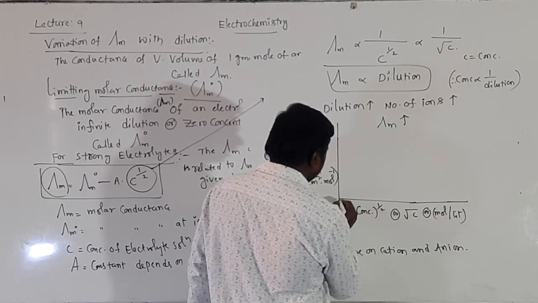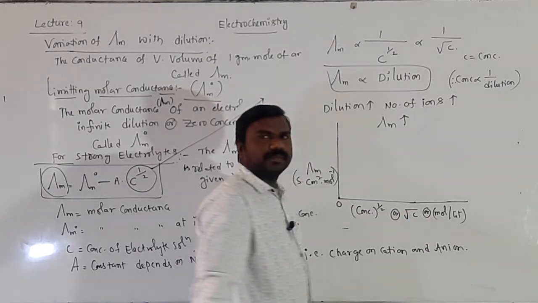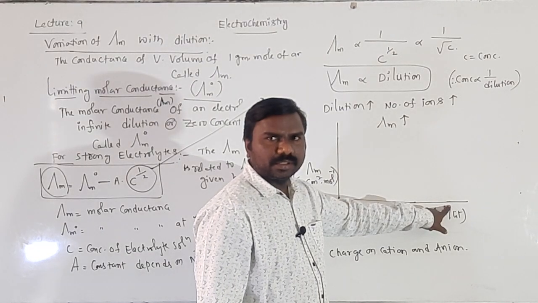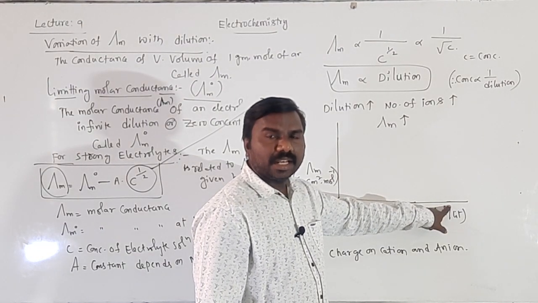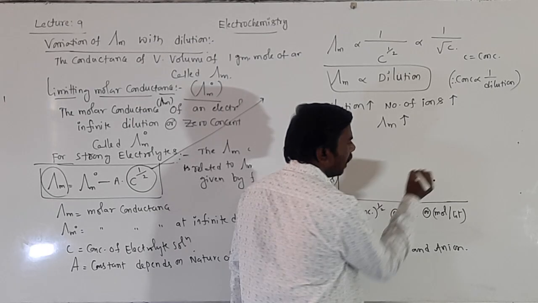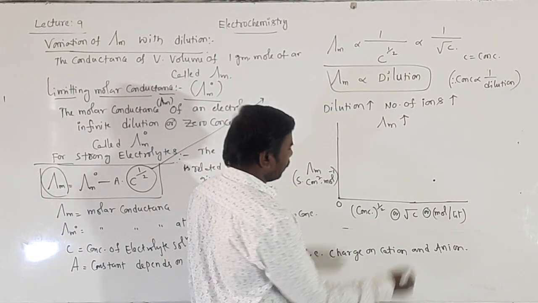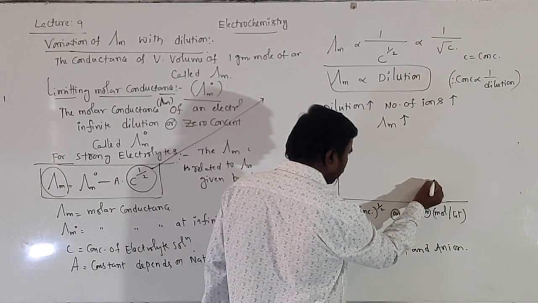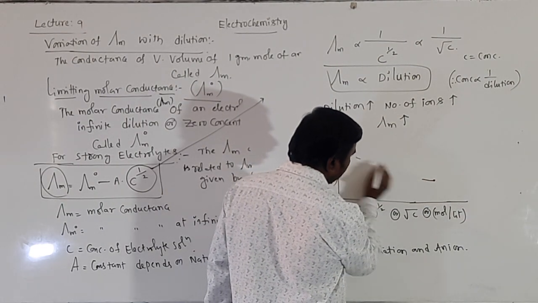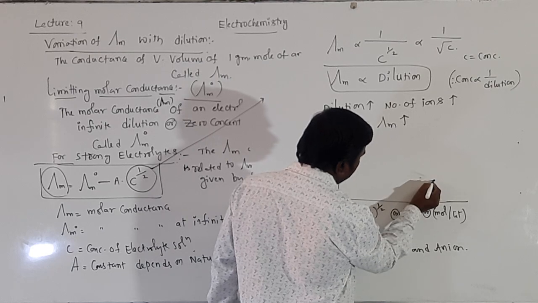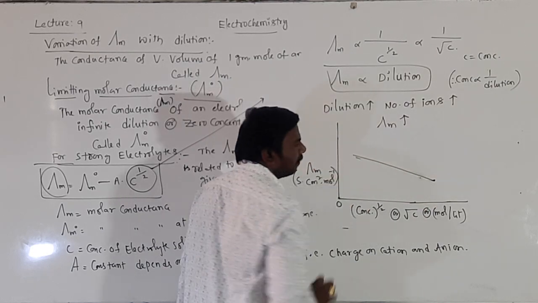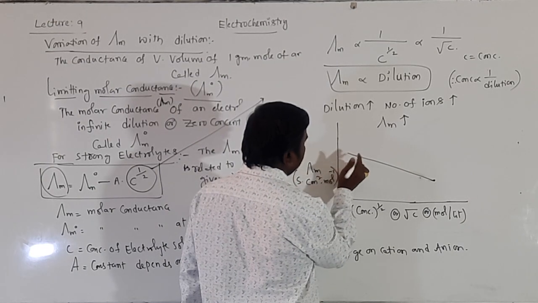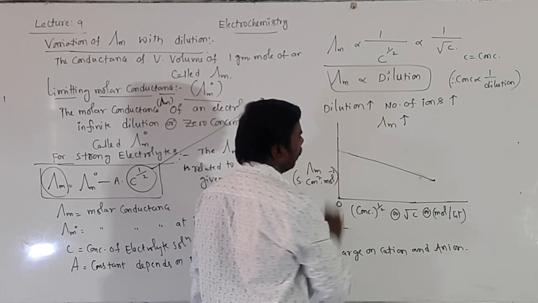Then it is 0 concentration, and this is high concentration. Concentration is high, concentration increases, lower conductivity. Concentration decreases, molar conductance gradually increases.